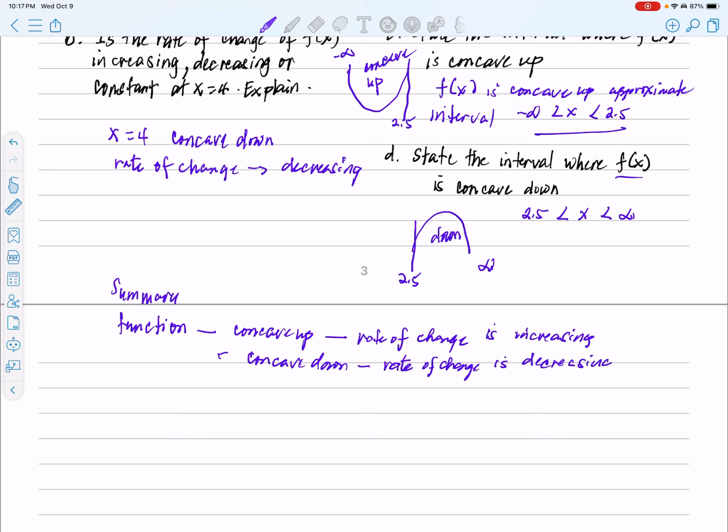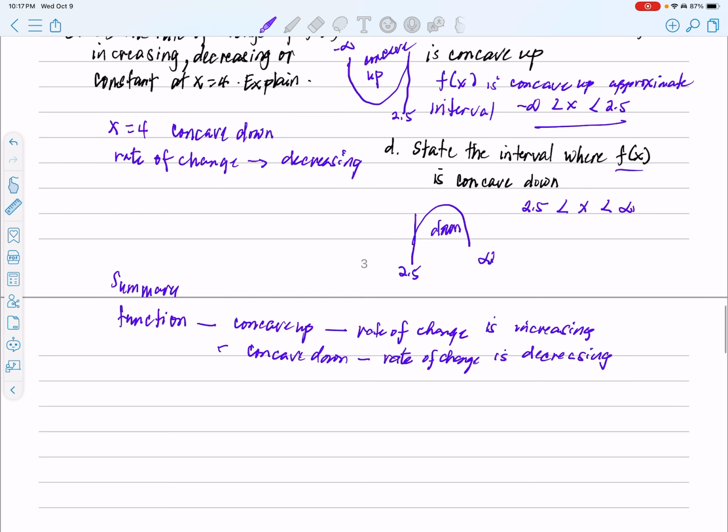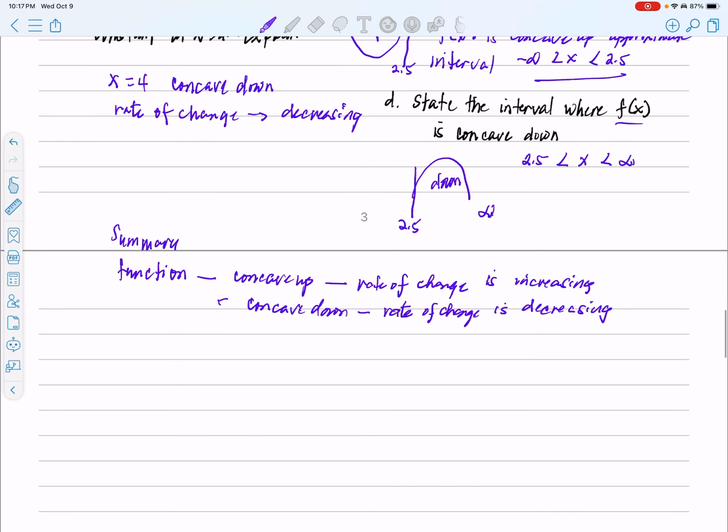How about the graph of the function? We talked about the graph of the function in the beginning. What is that?